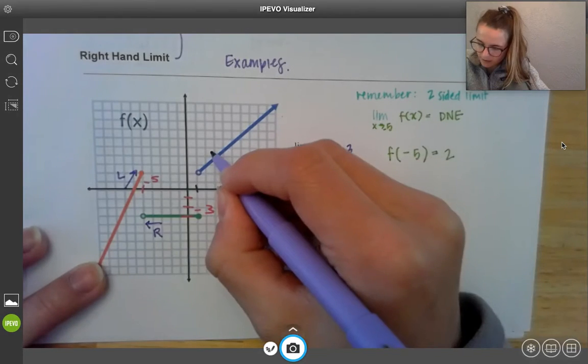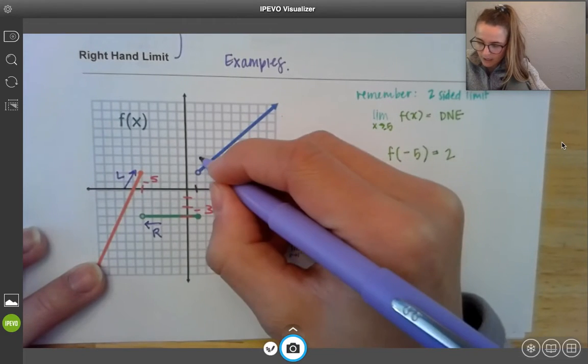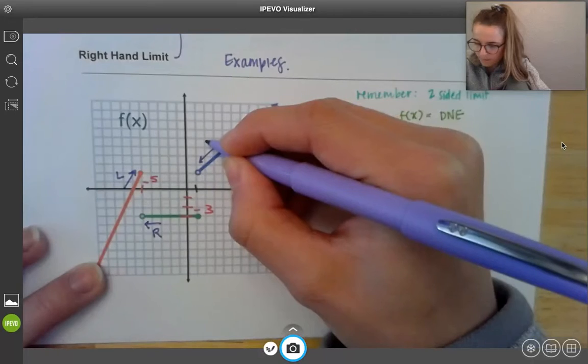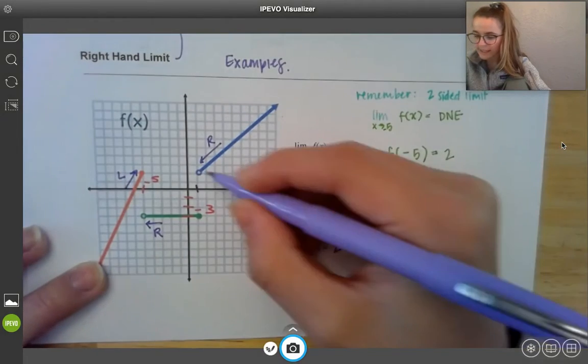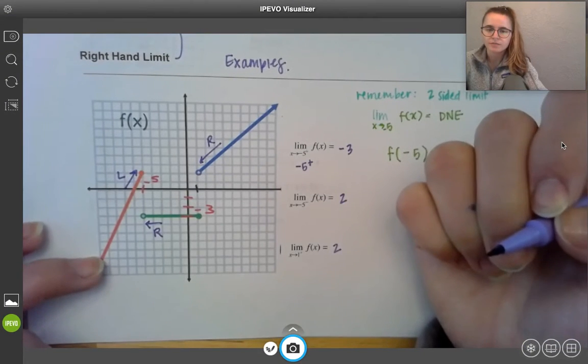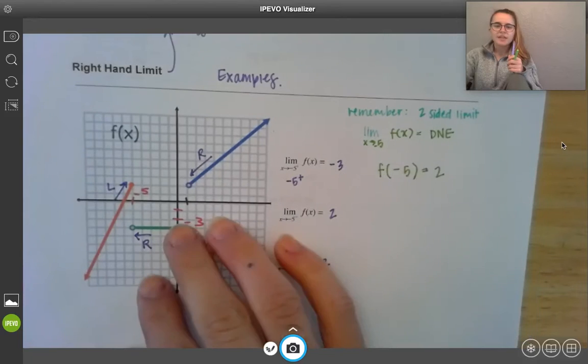Here is our x value of 1, and our y value is going towards 2. It doesn't equal 2, it's just approaching 2.